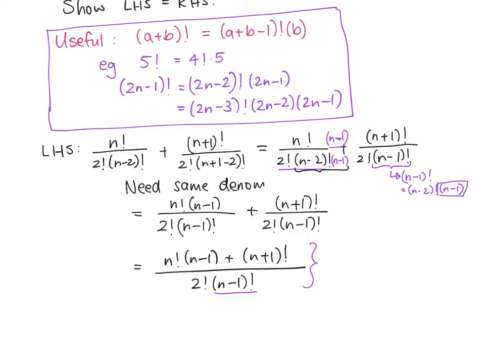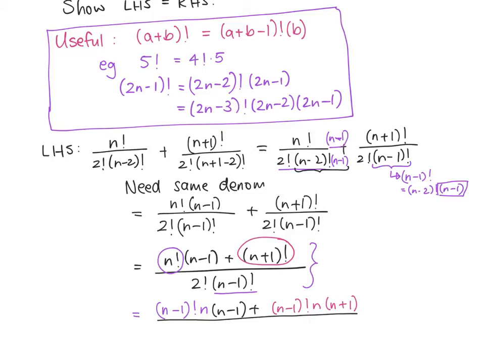Using the same trick as before, I'm going to write n factorial as n minus 1 factorial times n, and then I mustn't forget my n minus 1, and then I'm going to write n plus 1 factorial as n minus 1 factorial, times n, which gives me n factorial, and then times n plus 1, which gives me n plus 1 factorial. And I divide the whole thing by n minus 1 factorial.